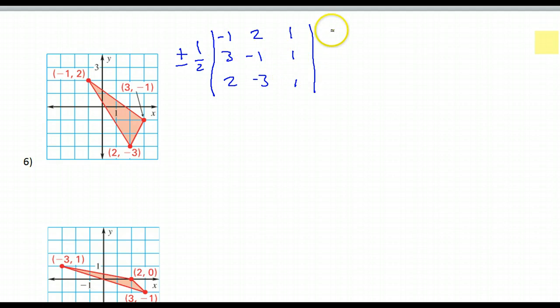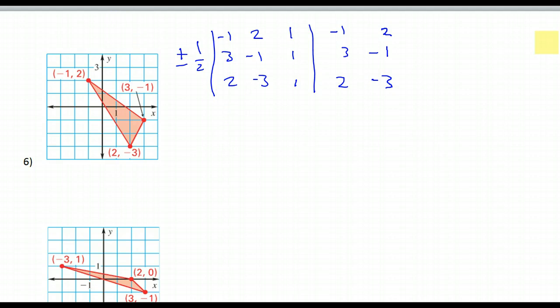Okay, so that's going to be -1. Whoa, did not mean to put -3. It's going to be -1, 3, 2, and then 2, -1, -3. Okay, so this is how I find that determinant.